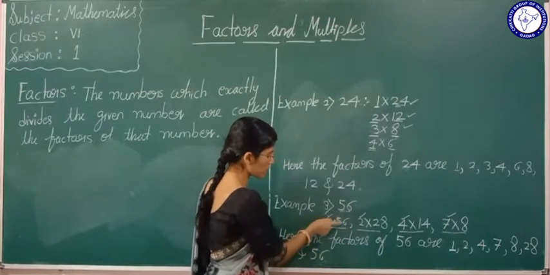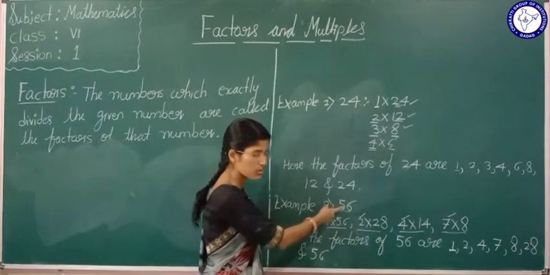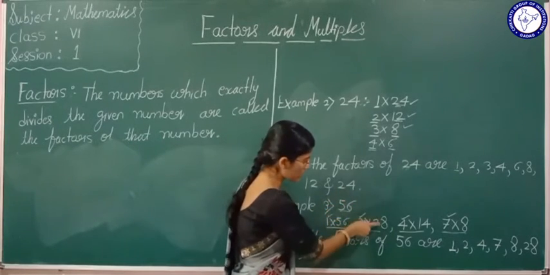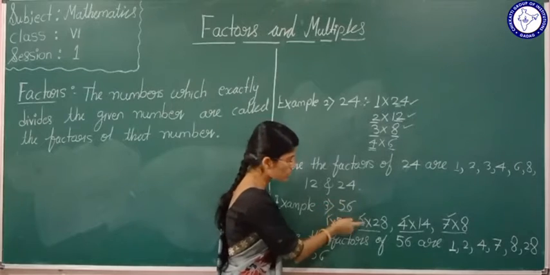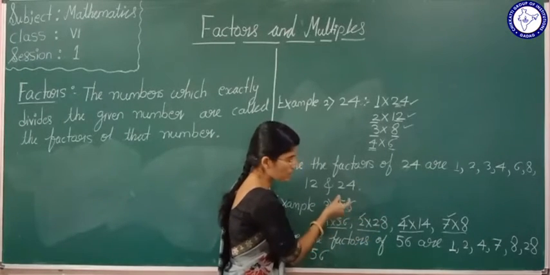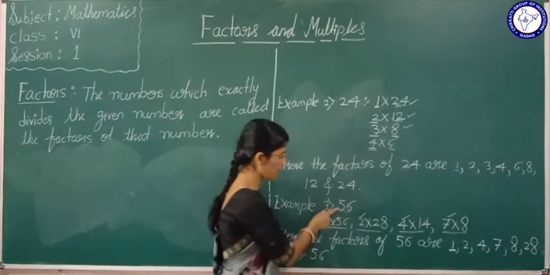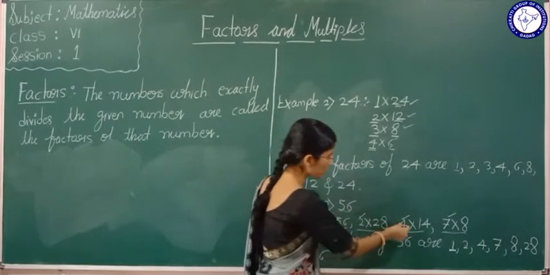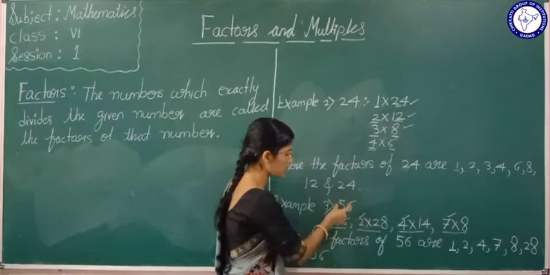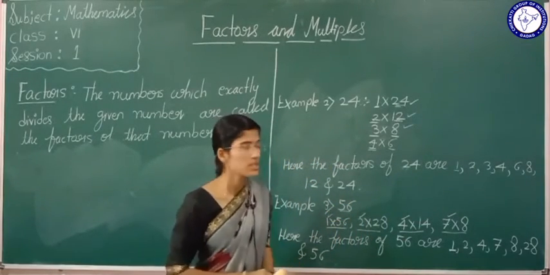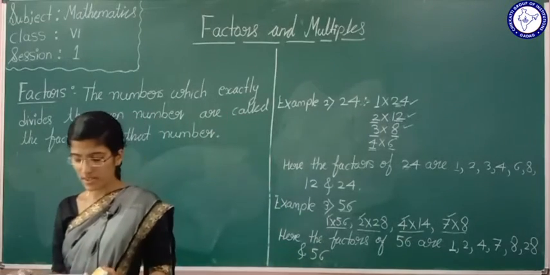Definitely here 1 and 56 are the factors of 56 because these numbers are dividing this number completely. Here 2 and 28 are the factors of 56 because these numbers divide this number completely. Same thing, 4 and 14 are also the factors of 56 because 4 and 14 divide 56 completely. So this is about the factors.